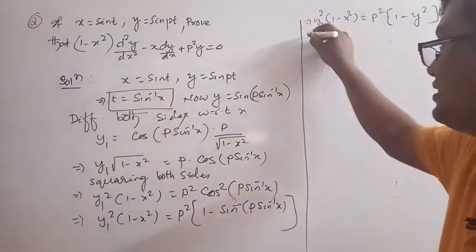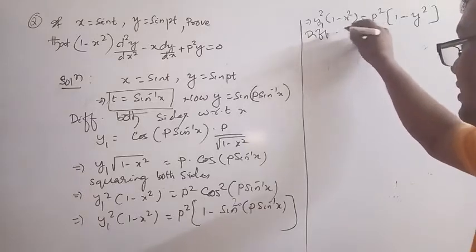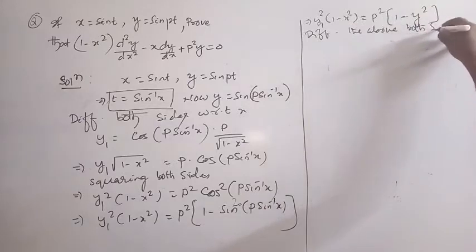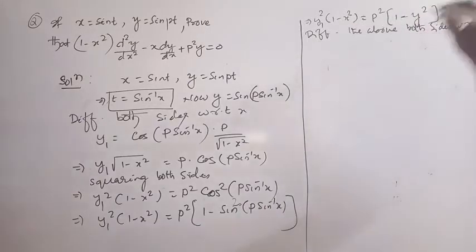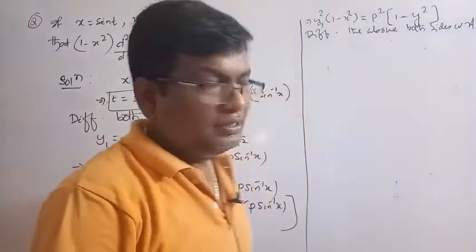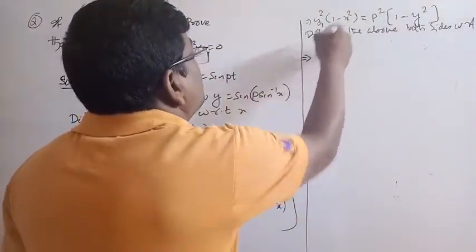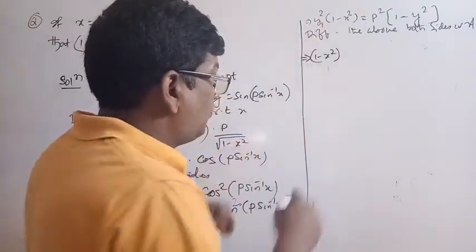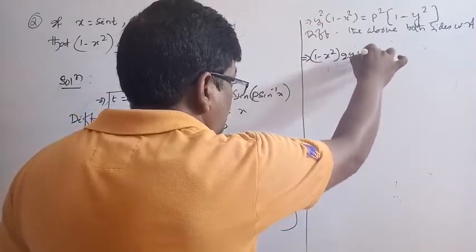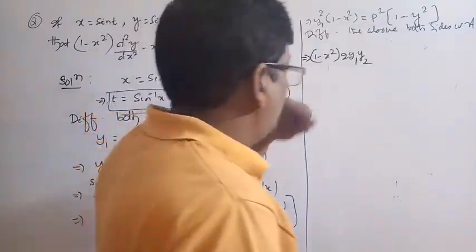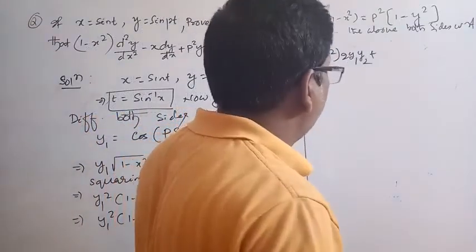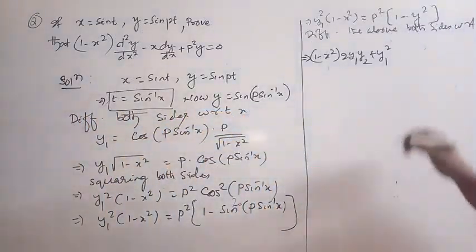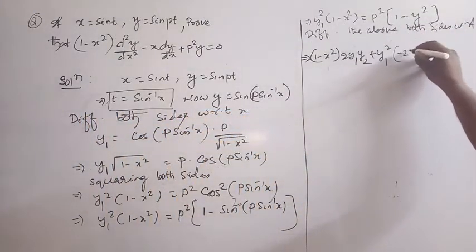Okay, so differentiate the above both sides with respect to x. So what will be here? This is v du, v means 1 minus x square into derivative of y1 square. Derivative of y1 square means 2 into y1 into y2. v du plus derivative of u dv, u means y1 square into derivative of 1 minus x square means minus 2x.